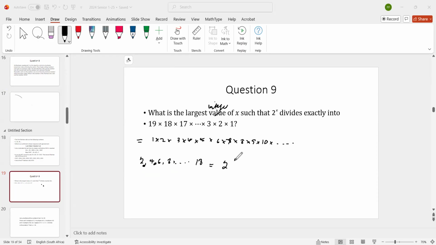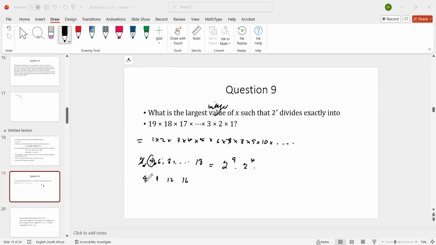So this is 2 to the power of 9. But when you take out those twos, you'll see that this has got 1 two here, but this has got 2 twos. So the multiples of 4, you can take out the twos here, and there are 4 twos which you can take out from these.